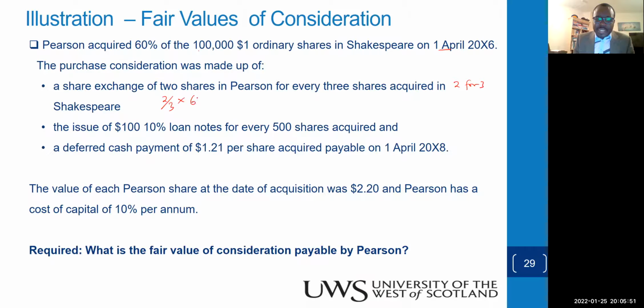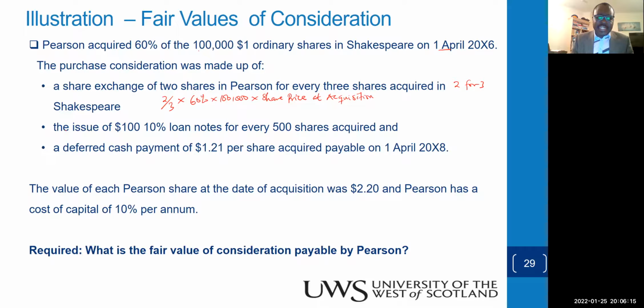The 60% of how many shares in Shakespeare? Of 100,000 shares, times the share price at acquisition. That is the first one.